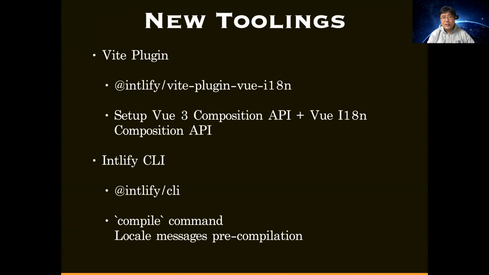And the second is the Intlify CLI. The Intlify Vite plugin for Vue I18n allows you to set up an environment for Vue Composition API. Intlify CLI can precompile locale messages. If you want to handle locale messages in the build process and so on, that CLI tool can be used.